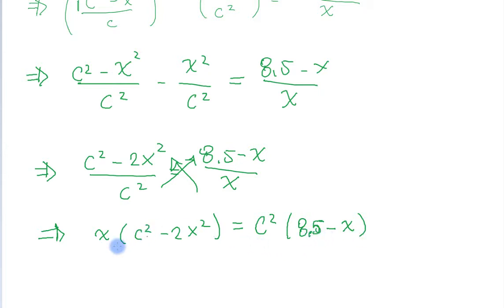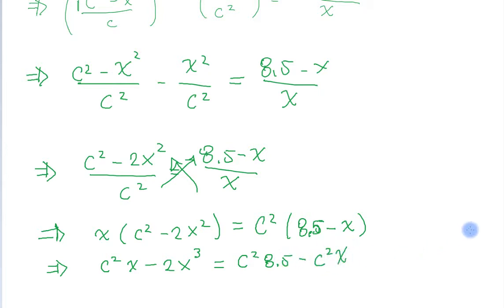Now we distribute and we have c squared x minus 2x cubed equals c squared 8.5 minus c squared x.